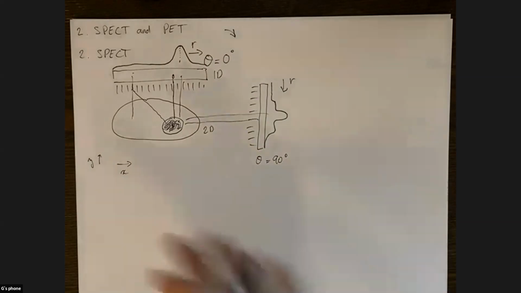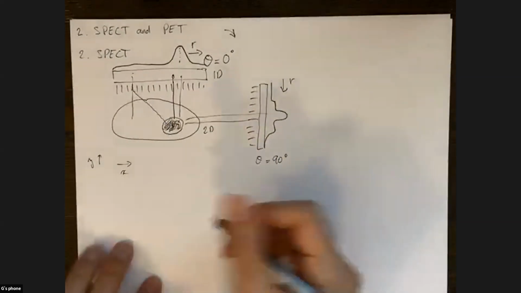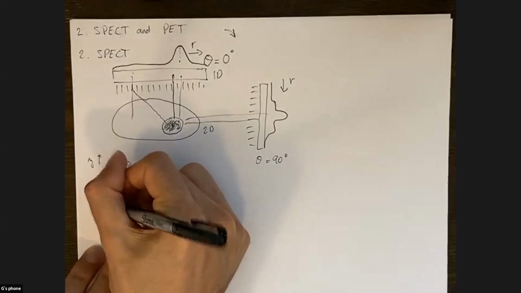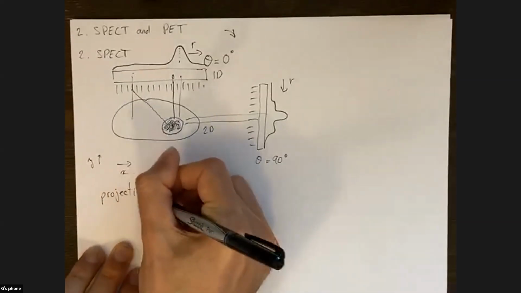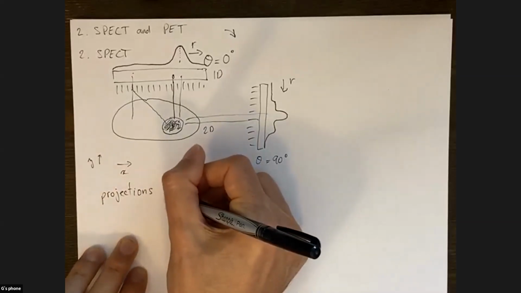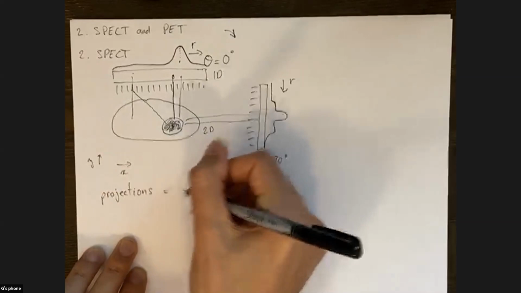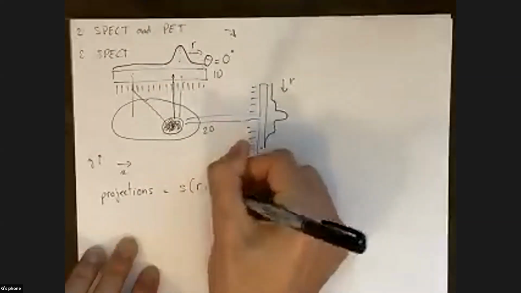Because we can acquire as many angles as we want, we can organize this projection data as a 2D structure, organized as a function. We're going to call it S, and we're going to organize it as S of R and theta.